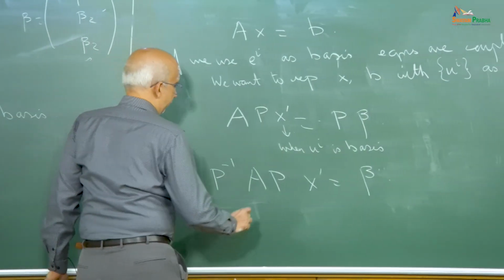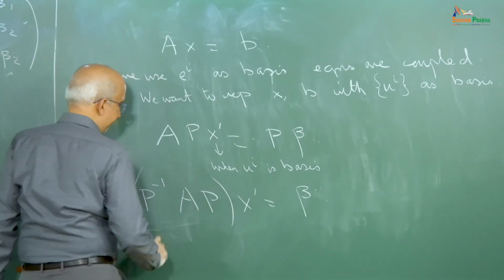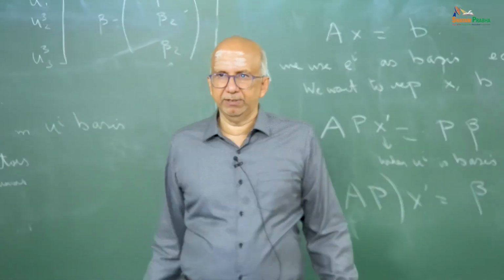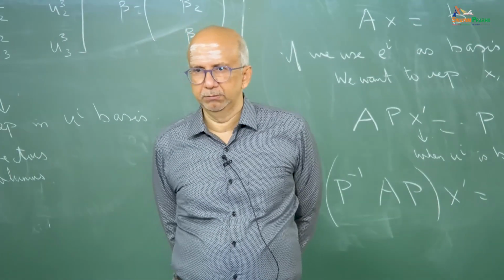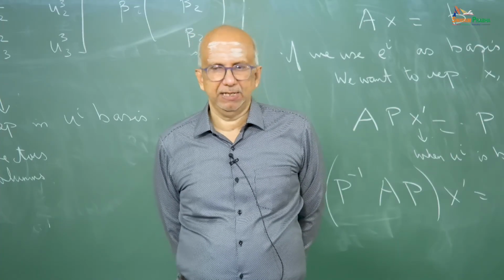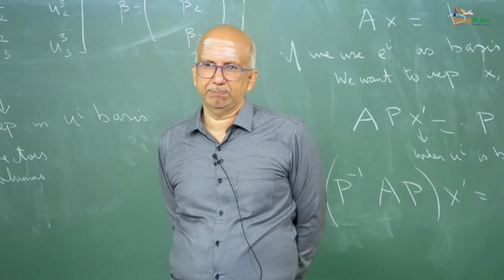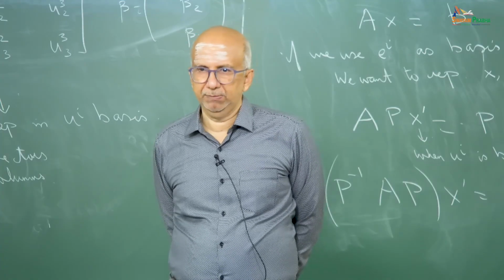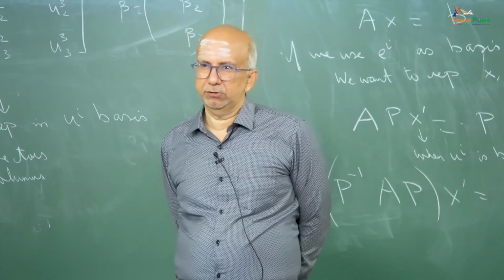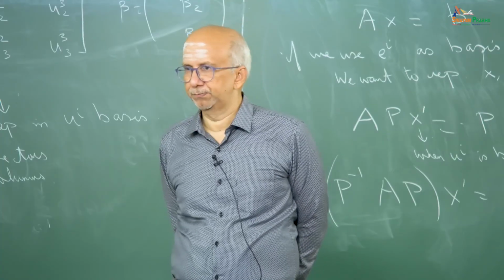Now, I do not know how many of you know there is something called a similarity transformation. People are aware? Heard of it? Basically, similarity transformation tells you that this P inverse AP is nothing but a diagonal matrix with the eigenvalues on the diagonal. Okay.